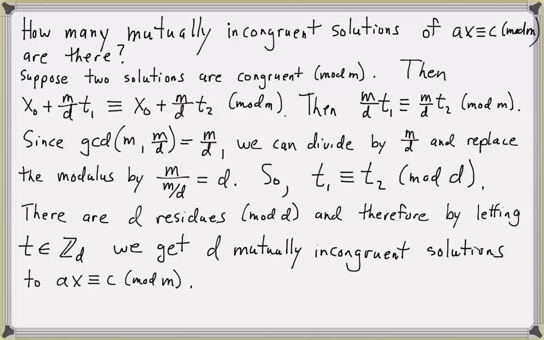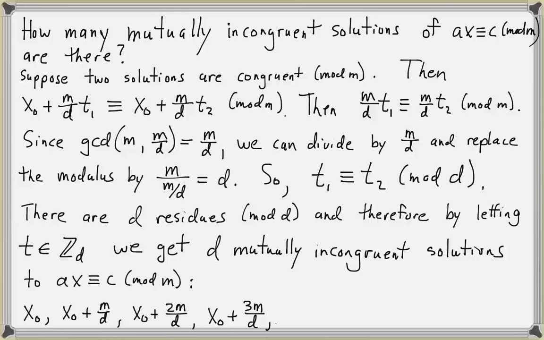So we can actually write out a representative of these d mutually incongruent solutions. x0, x0 plus m over d, x0 plus 2m over d, x0 plus 3m over d.